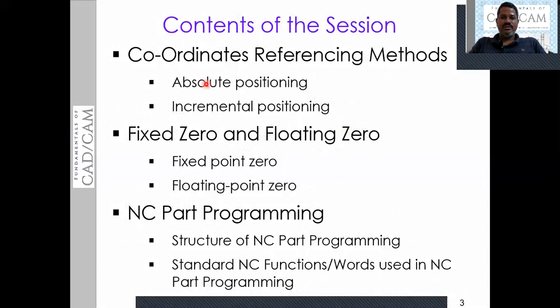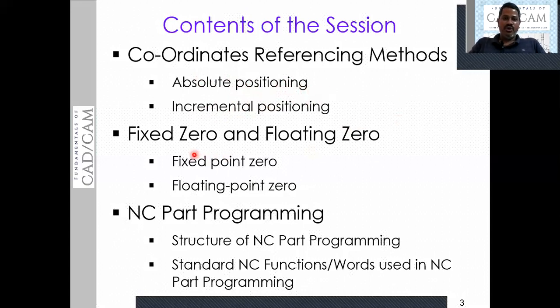In this case, we have two types: one is absolute and the other one is incremental. To reference the coordinates of the tool, or of any of the movements on the table of the NC machine, there are two approaches. We will discuss in detail with an example in this slideshow.